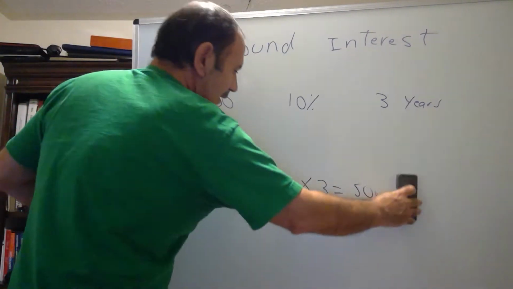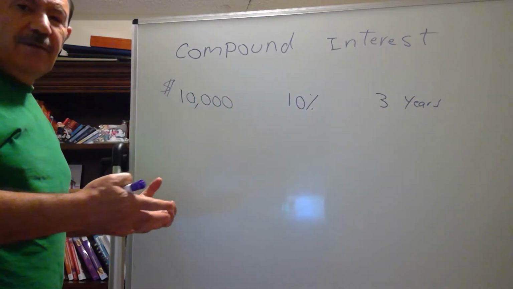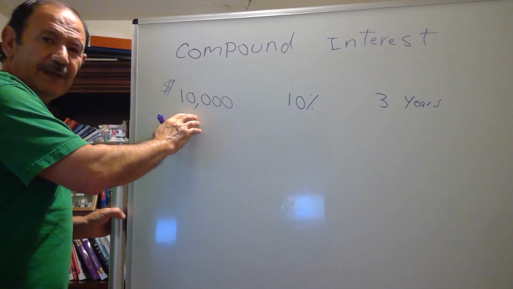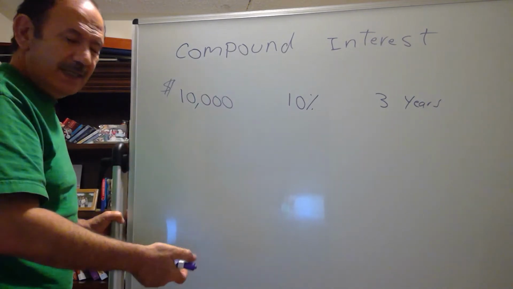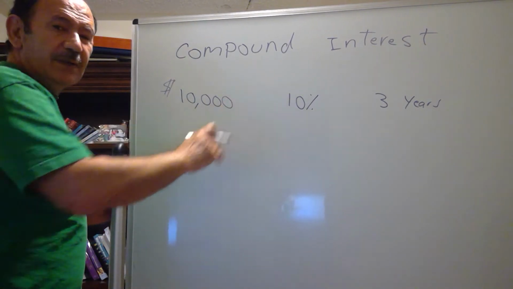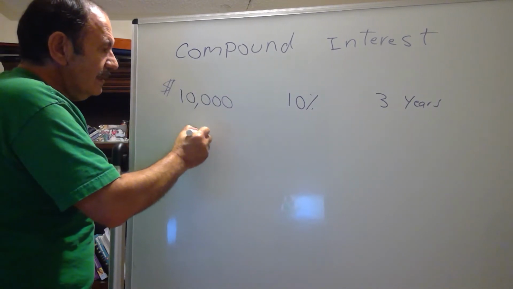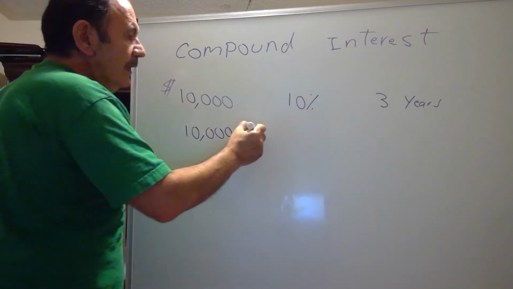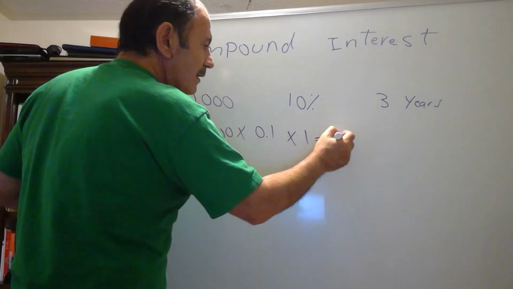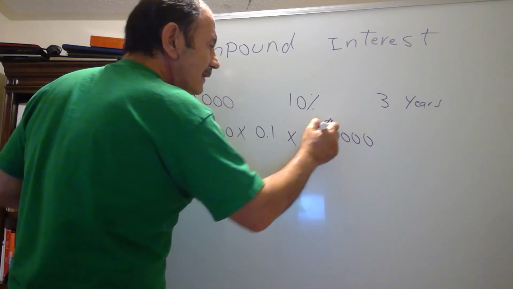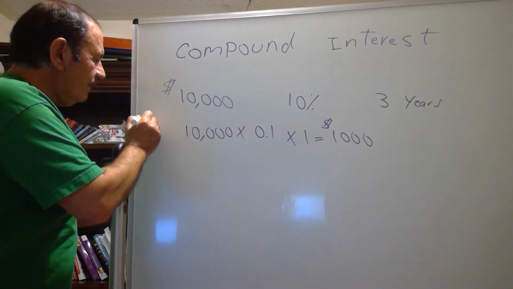In compound interest, as I told you, the value of interest is added to the original money, or the initial money, and used as the principal for the next period. So for the first year, $10,000 multiplied by 10% or 0.1 multiplied by 1 year is $1,000, the amount of interest at the end of the first year.